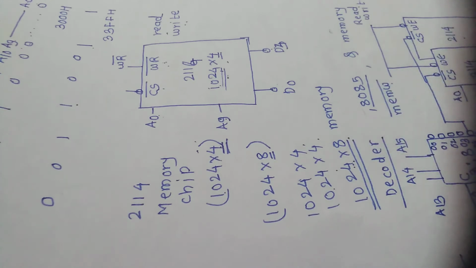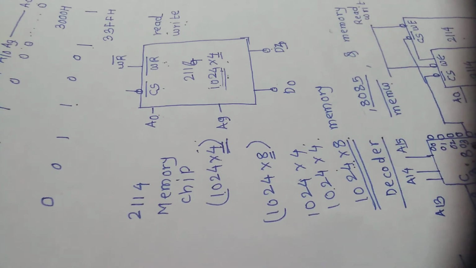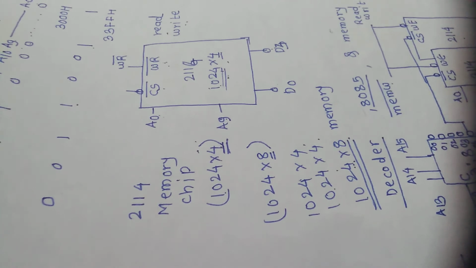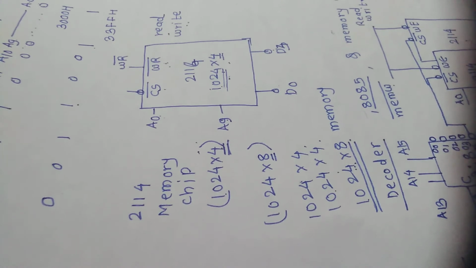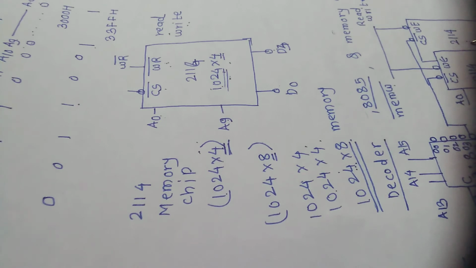Now, how I am actually going to interface this is the next step. This is a 3:8 decoder, and these two 2114 ICs are available. I am connecting these ICs in parallel.